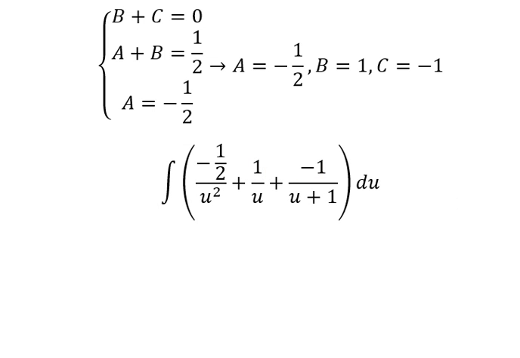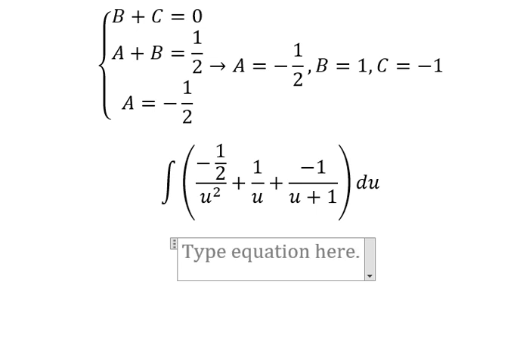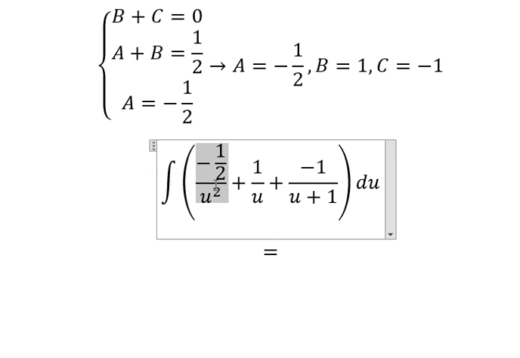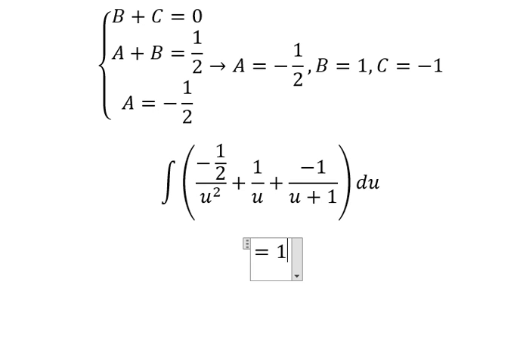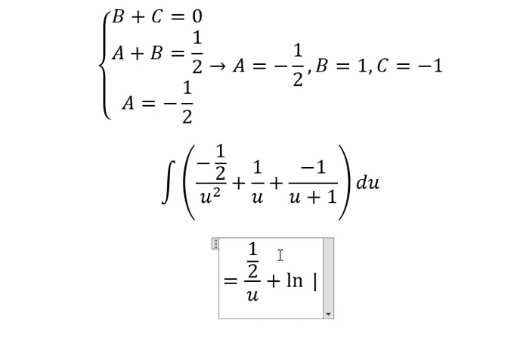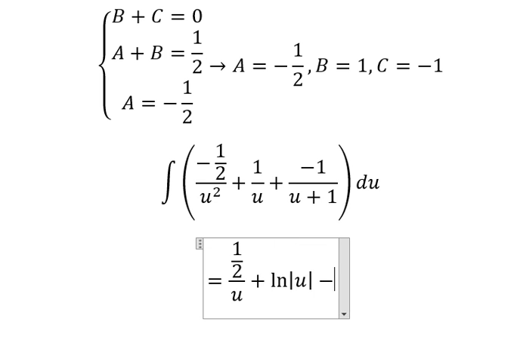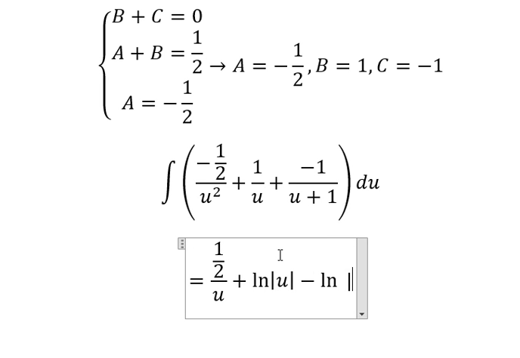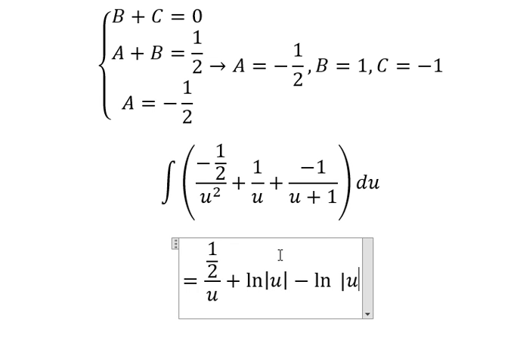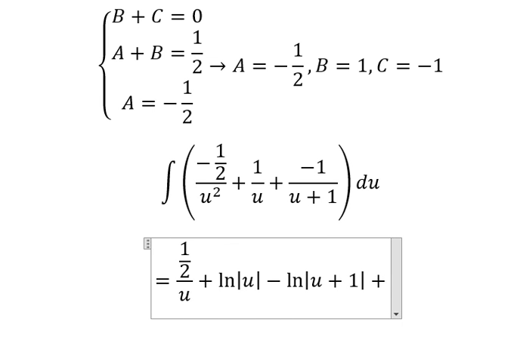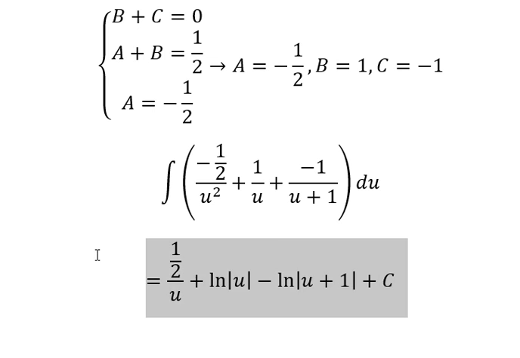And now we have the final answer. The integration of negative 1 over 2 over u square, we have 1 over 2 over u. The next one is ln of the absolute value of u. This one we have ln of the absolute value of u plus 1. And I will put plus c.